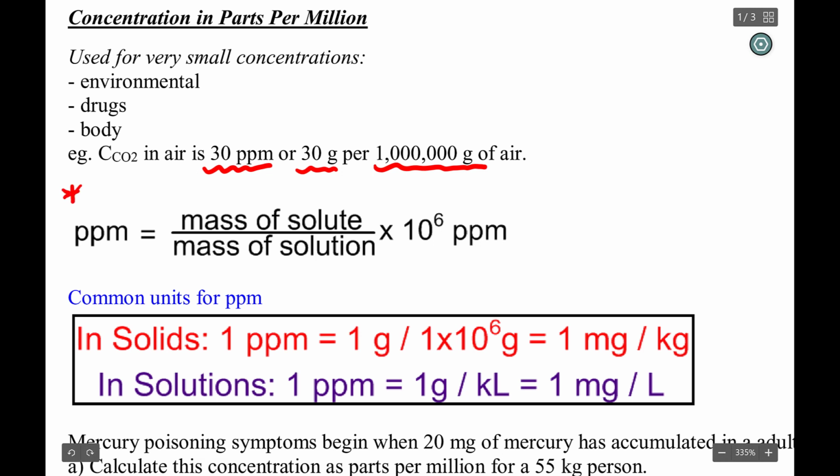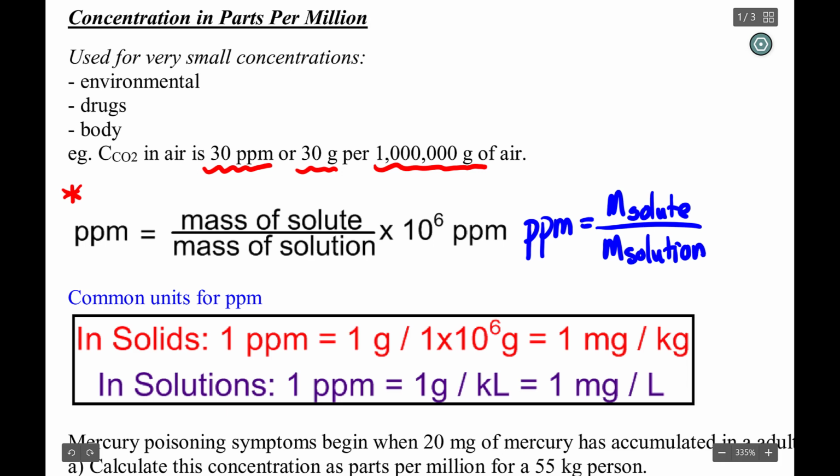So here's the equation, which looks very similar to the mass percent equation in terms of the center part of it. It's the mass of the solute over the mass of the solution. The only difference is that a mass percent is times 100%, whereas this is times 10 to the power of 6, which essentially is 1 million. So in a shorthand, I would write it like this: ppm is equal to mass subscript solute over mass of solution.